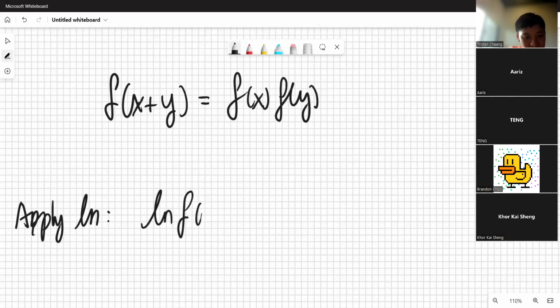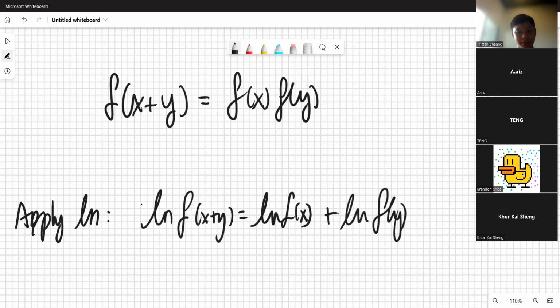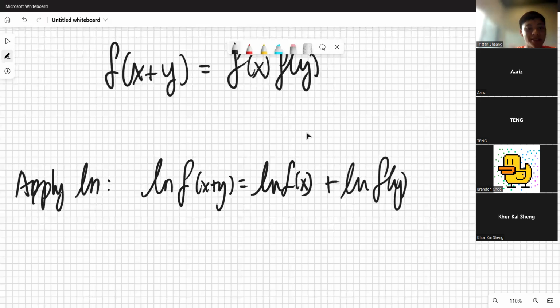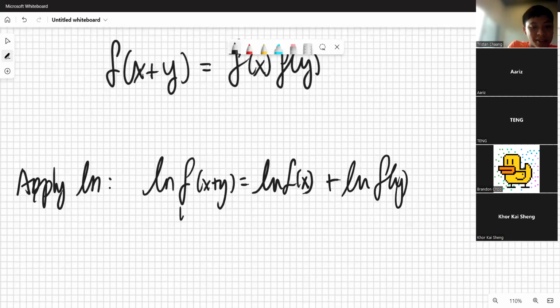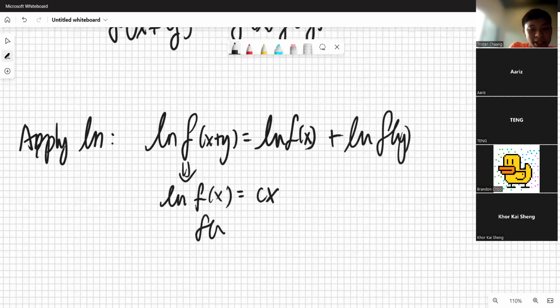Then we get ln f of x plus y equals ln of f x times f y, and you know the property for logarithms, you can write this as ln fy plus ln fx. Now it's a Cauchy equation, and then we can say that ln fx equals cx, and hence fx equals e to the cx, which is a to the x for some a.